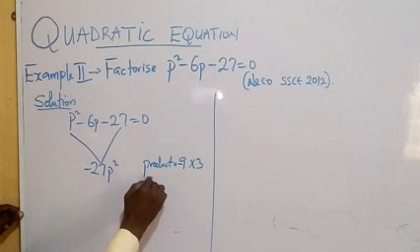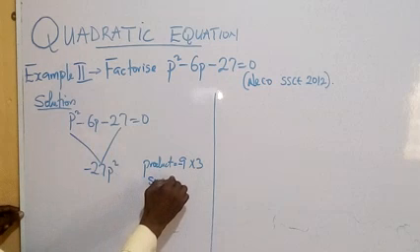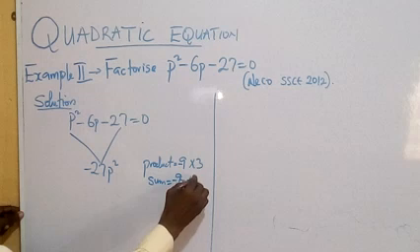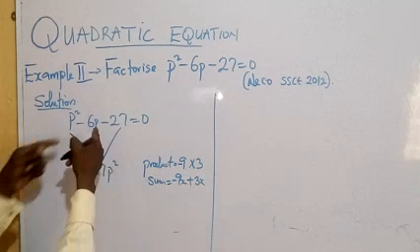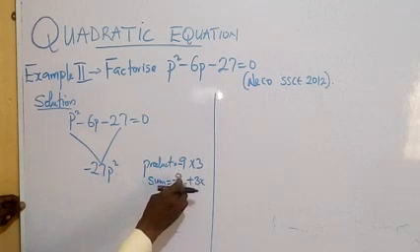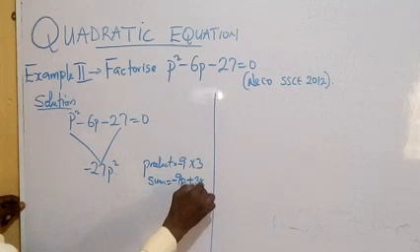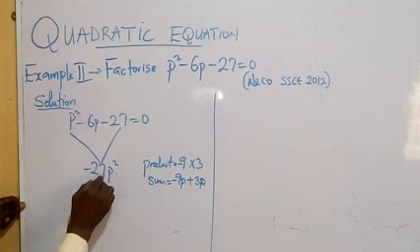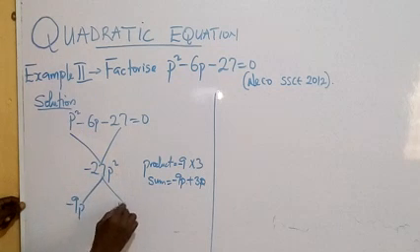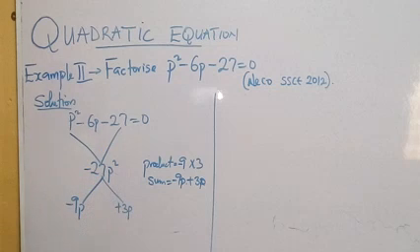Let's look at the sum. The same numbers, we can say minus 9p plus 3p will give us minus 6p. Therefore, minus 9p and plus 3p.